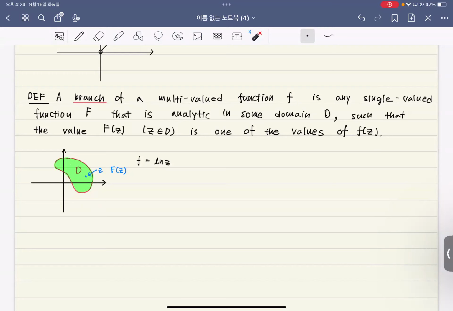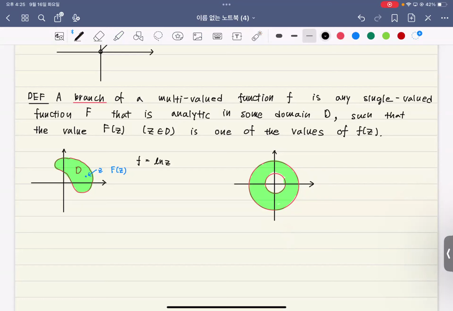But on the other hand, not every open and connected set can be the domain of some branch of the natural log function. So for instance, if I choose my set D to be something like this, then this cannot be a domain of any branch of the natural log function, right?